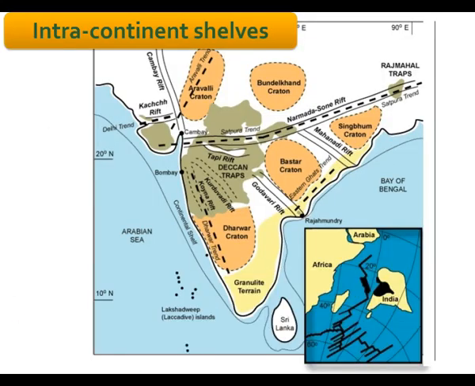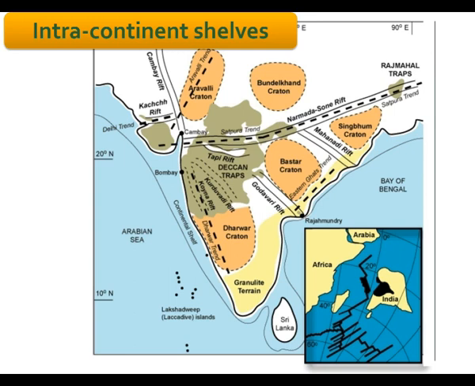When we look at the different tectonic plates in India, I would like to show that there are some intracontinental shelves also. When you look at India, a very important and age-old geological process is the Deccan Intertrappean region.